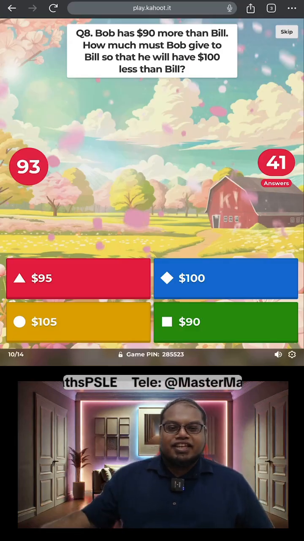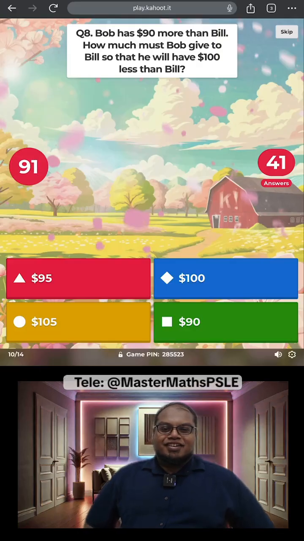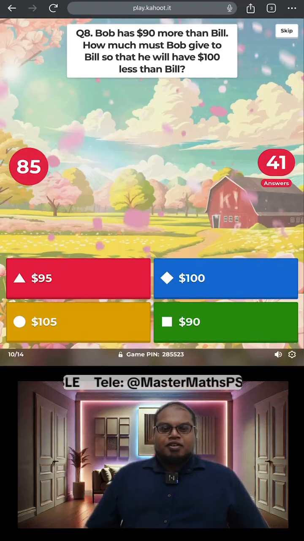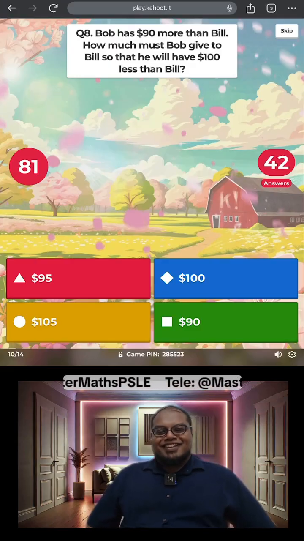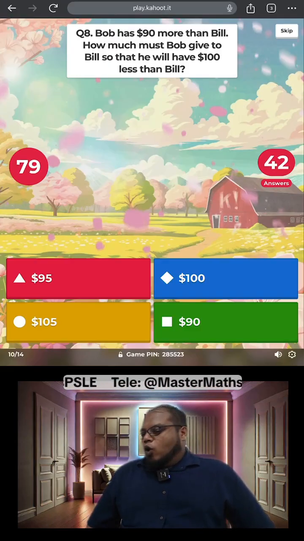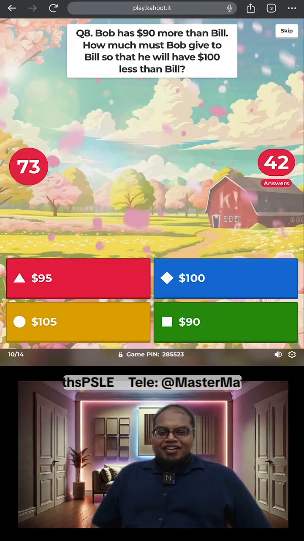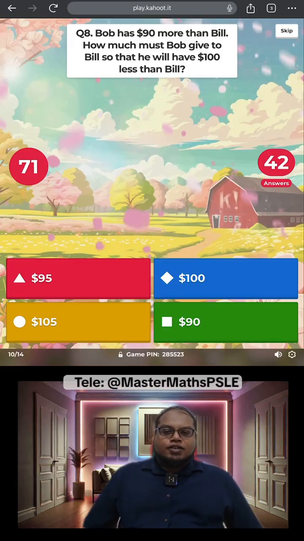Dila, use ChatGPT, Dila. Why? Simple problem sum, use ChatGPT. What if the ChatGPT was wrong?